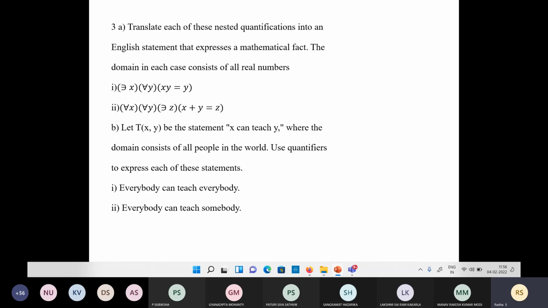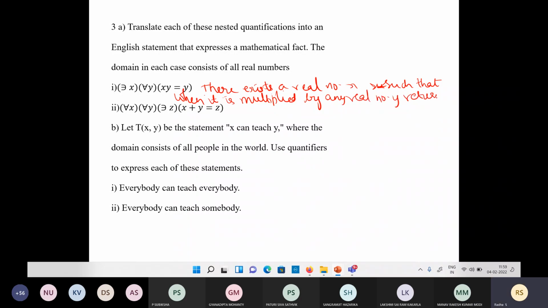So there exists a real number x, such that when it is multiplied by any real number y, it returns the real number y.